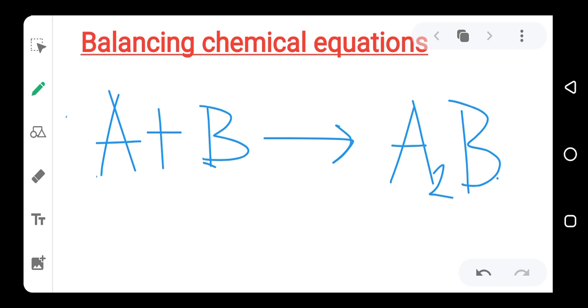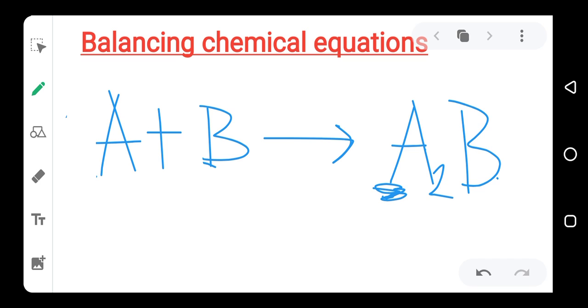Here, this indicates that the number of atoms of A is 2, but the 2 is written as a subscript for A. So we are now going to put a coefficient here to balance the equation.